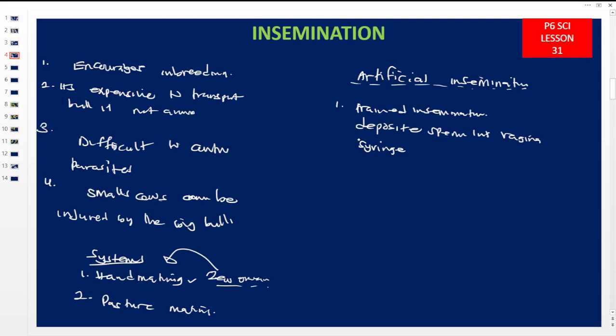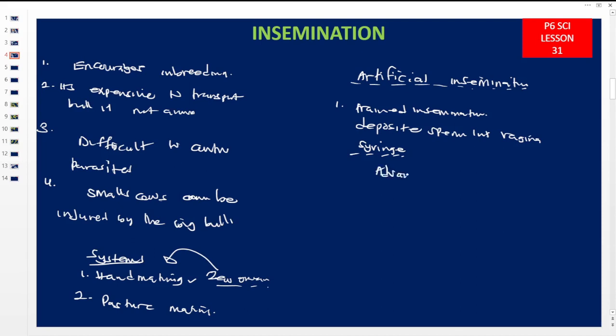Then he pushes the syringe with the sperms through the vulva, to the cervix, and pushes the sperms there. Then they just swim to where they're supposed to go. So that is what we call artificial insemination: a method where a trained inseminator uses a syringe to deposit sperms into the vagina of a cow.